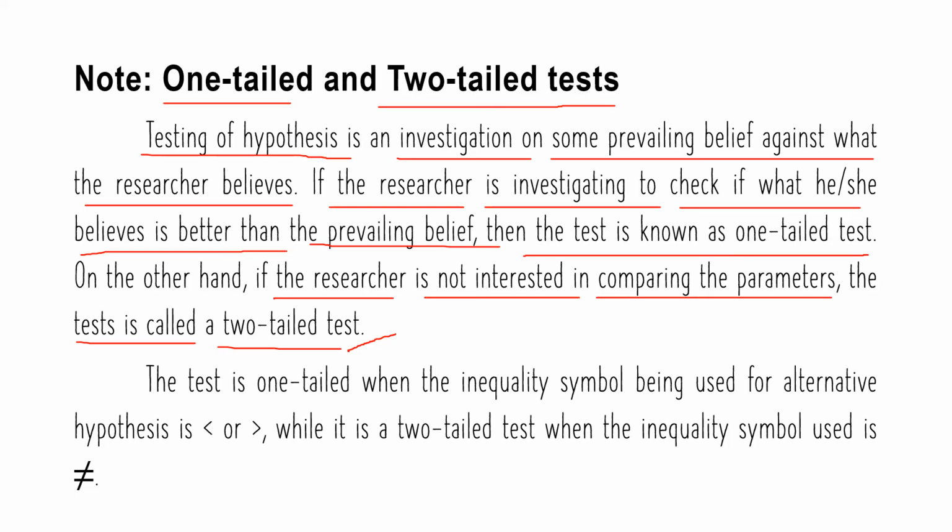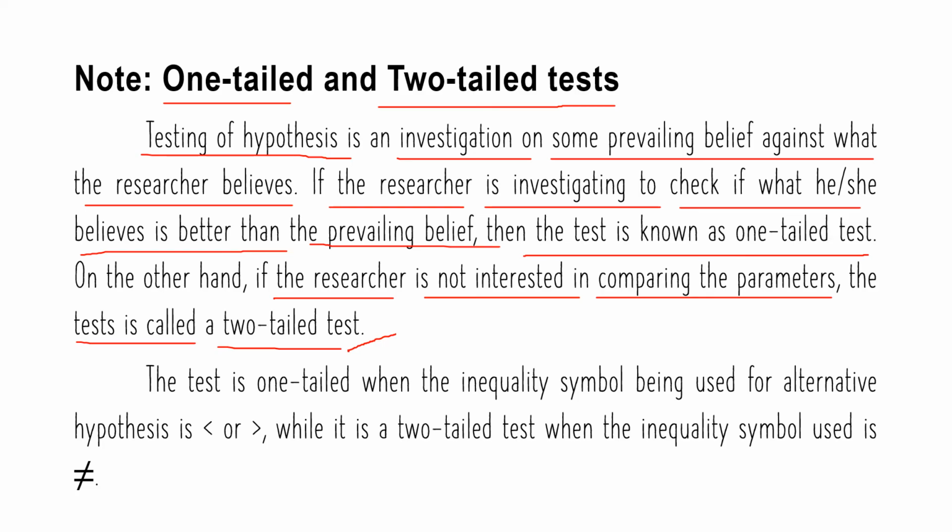It depends on what we want as a researcher. If we don't want to compare parameters, then go with a two-tailed test. If we want to compare parameters, then go with a one-tailed test. That's how simple it is before deciding whether we use a one-tailed or two-tailed test.